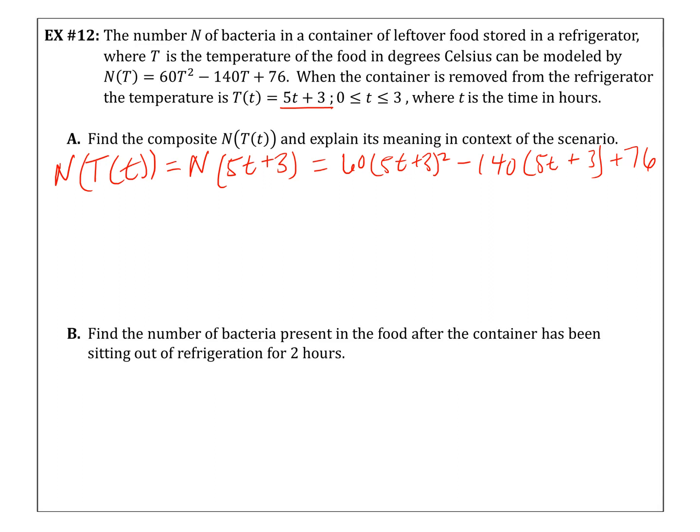Okay? Through a series of multiple distribution and combining of like terms, we're going to come down to 1,500t squared plus 1,100t plus 196. And that's going to be our N of t.